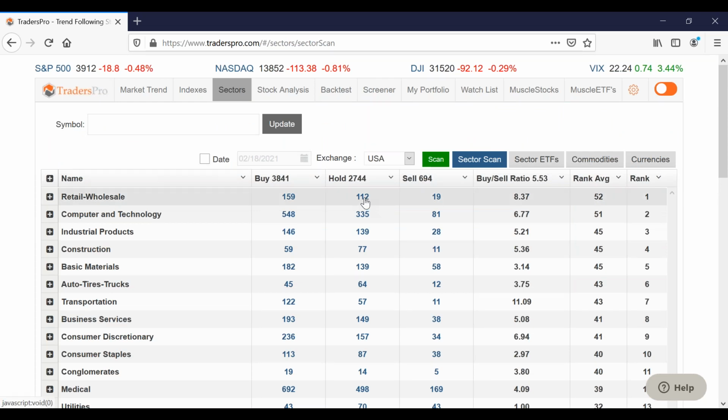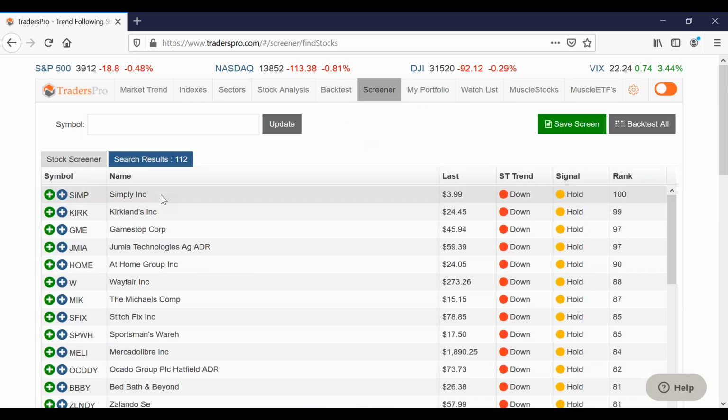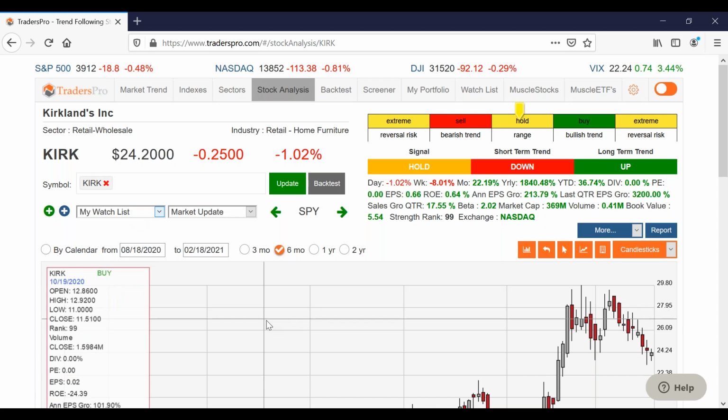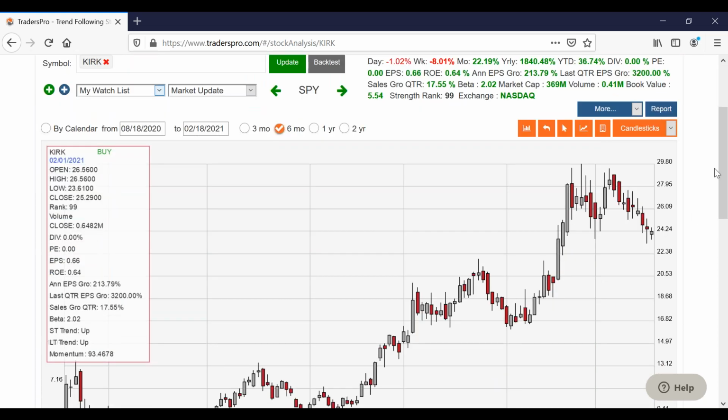The retail sector is still at the top of the list. Kirtland, I won't spend much time on this. We're still kind of waiting on this one, but it does seem to be forming that ABC pattern right here. You have a little bit of a bullish reversal candle today. Let me switch this back over to signals here, though. We still have a hold signal right here.